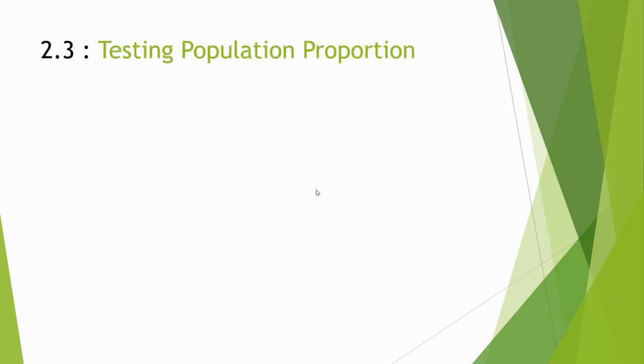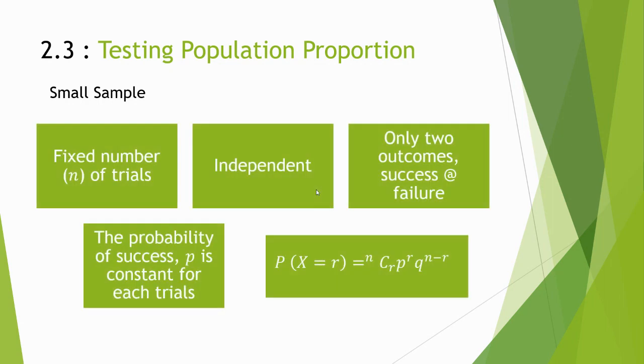Next, I think this is the last part. We make it fast and simple. Testing population proportion. For small samples, there are two types, small sample and large sample. For a small sample, there must be a fixed number n of independent trials, only two outcomes, success and failure, and the probability of success p is constant for each trial.